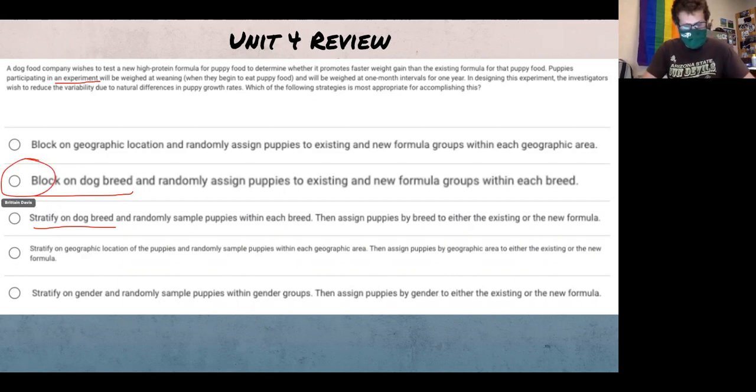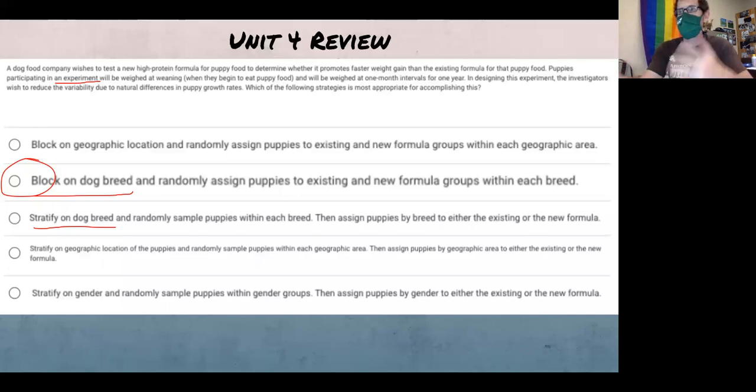Wait, say it again. So block is for an experiment. Yeah. What would be stratifying? Stratify would be if you were sampling, like we want to find out what proportion of dogs have fleas, and then you decide we're going to stratify.